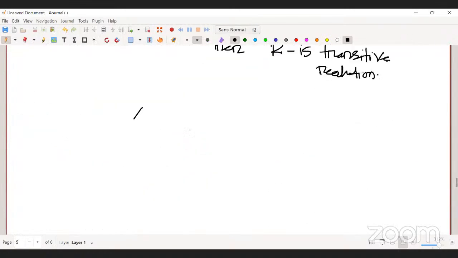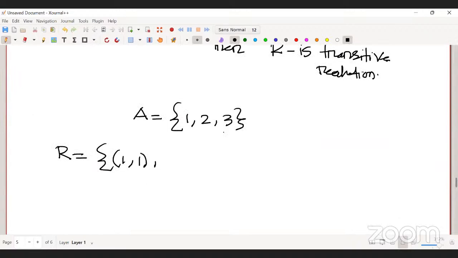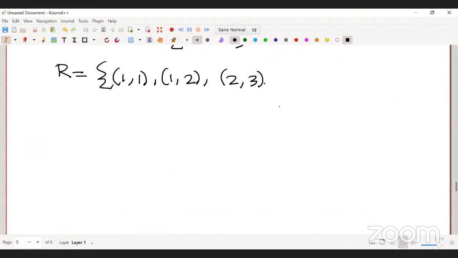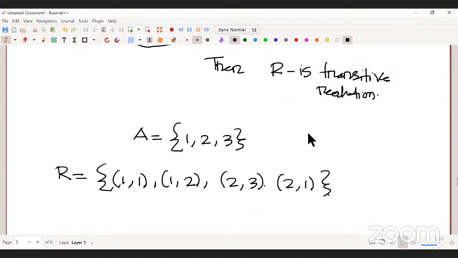Let's say A is {1, 2, 3}, and R is {(1,1), (1,2), (2,3), (2,1)}. Is this a transitive relation or not? No, sir. Why? (1,3) should be there.